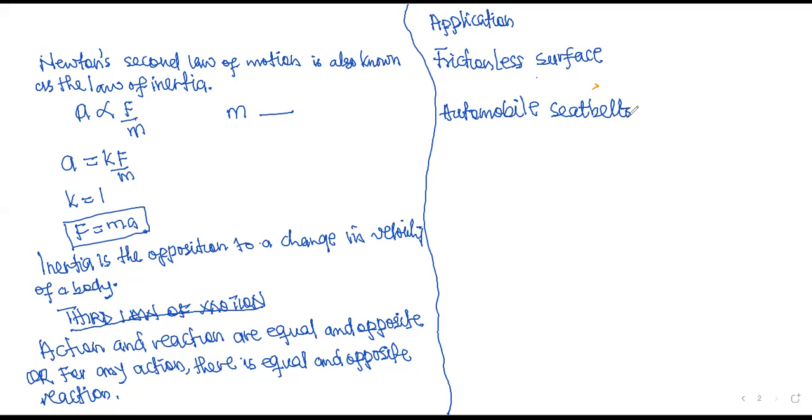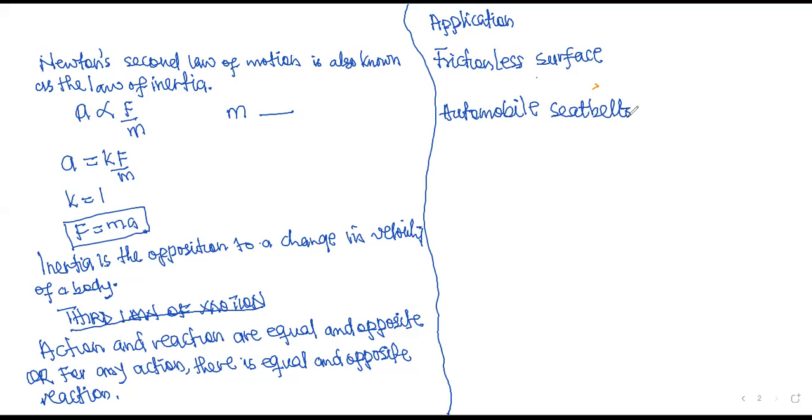Don't forget, passengers are not allowed to stand in a train or stand on top of a train because of this same thing. In the event where the driver applies the brake, you will be thrown forward.